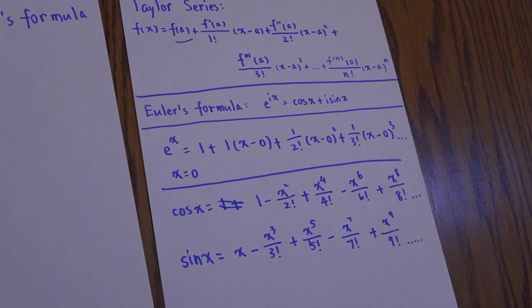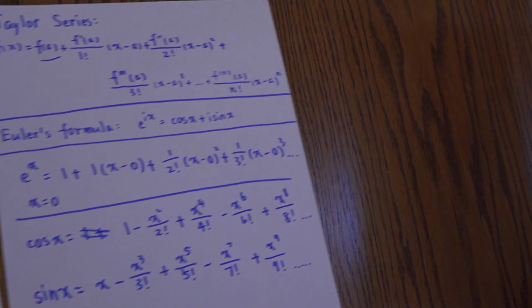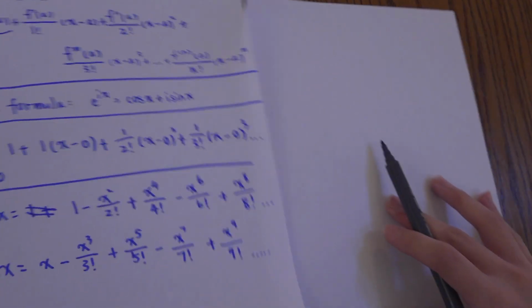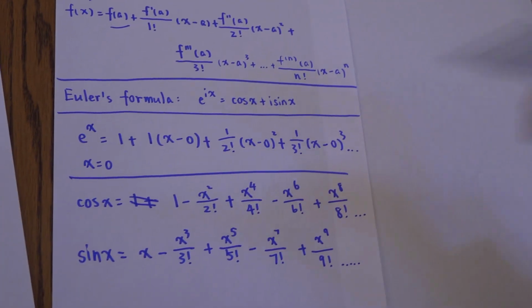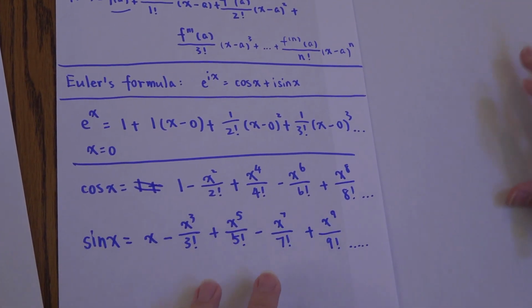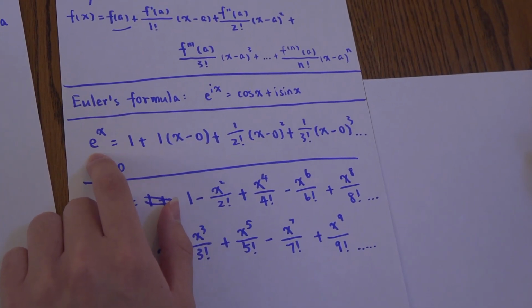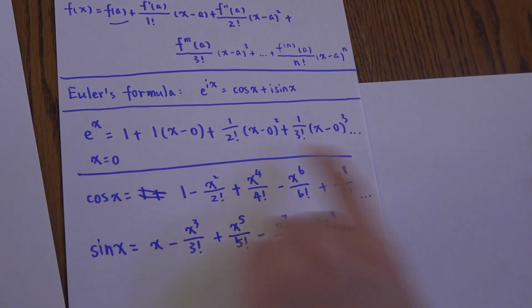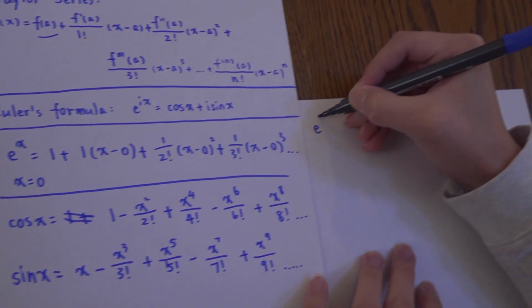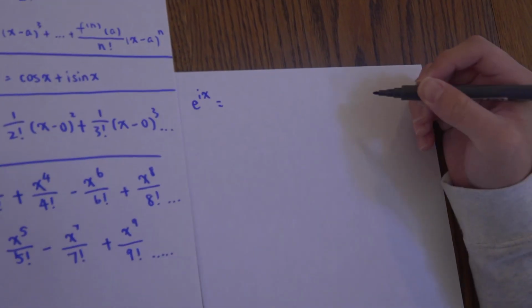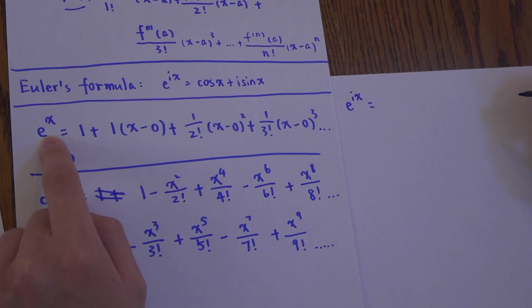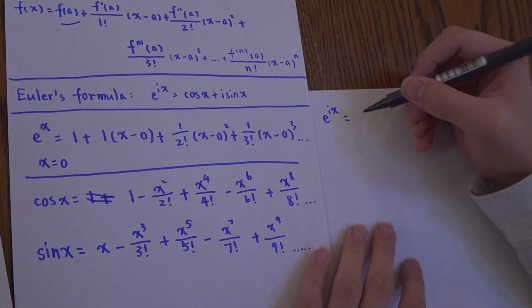Now, if we start to plug in some values, we can see that those three formulas are actually very similar. First, let's take a look at the e to the x power formula. If we plug in ix for x, what would that become? Let's take a look.